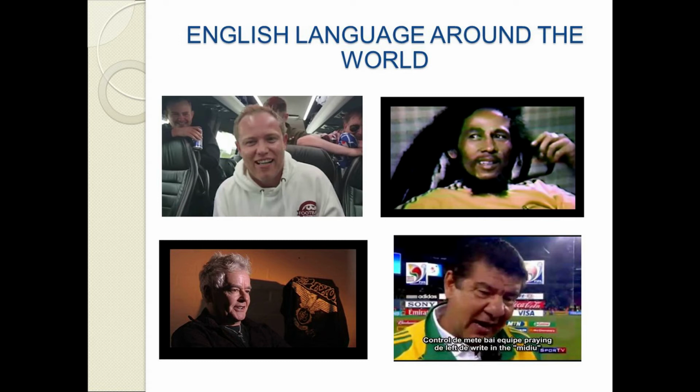In the bottom left, we have this guy, Nigel Glocker. He's the drummer for Saxon. Saxon is a British band, and he's talking about not understanding his bandmates. We're going to talk about it later. And in the bottom right is Joel Santana, when he was coach for South Africa, trying to speak English.